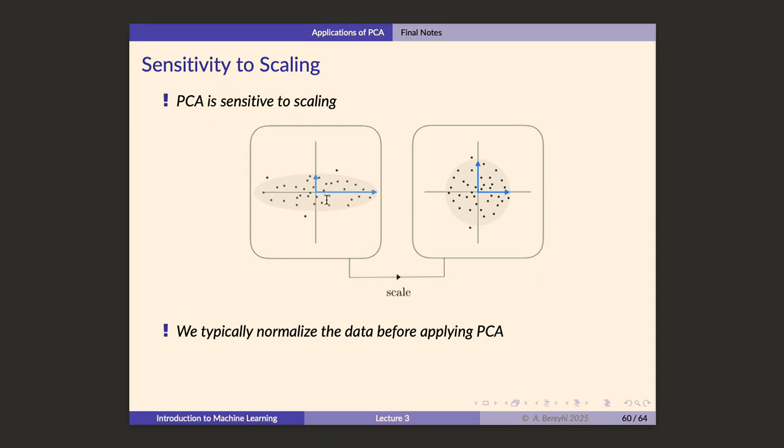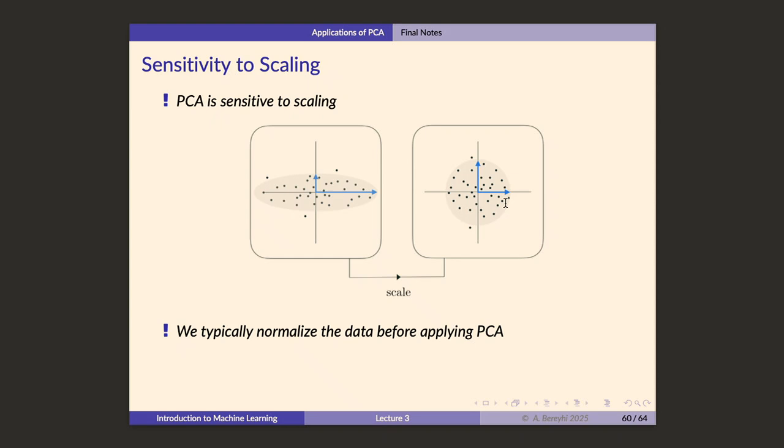But if you scale it back, something like this happens. It might be, for instance, you just computed all the heights in centimeters, but then you scale it to meters. Then it's going to change the spread, right? It could be smaller. And then the spread changes, the eigenvalues change, the principal component could change, right? So this is a very crucial thing in PCA.